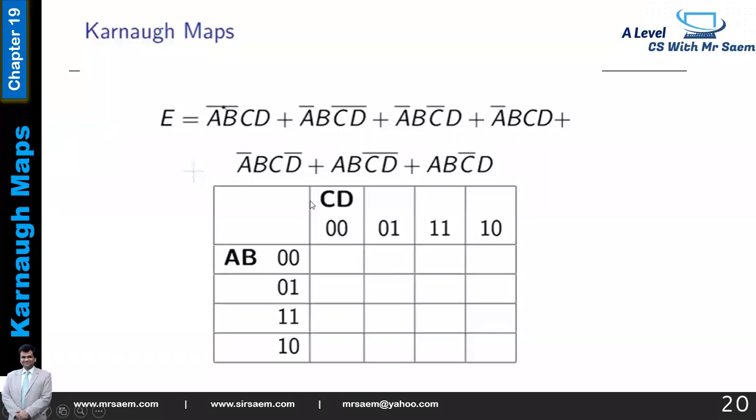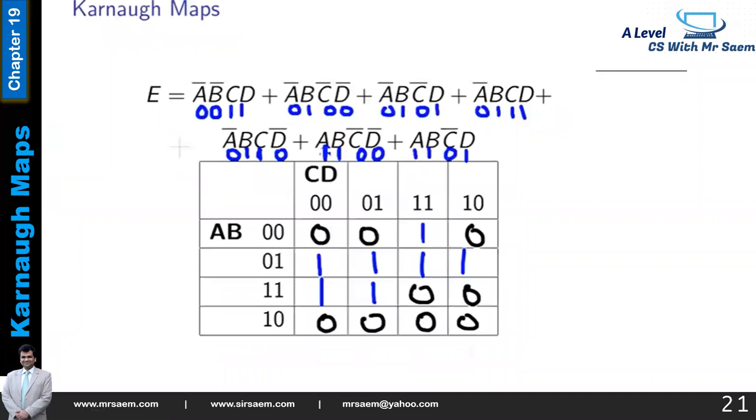Wherever we have A, B inverse, so AB inverse is this, and CD, we'll write 1 over here. And A inverse B, so A inverse B is the second one, and CD inverse, which means CD 0, 1 over here. So this is the way we will fill these up.